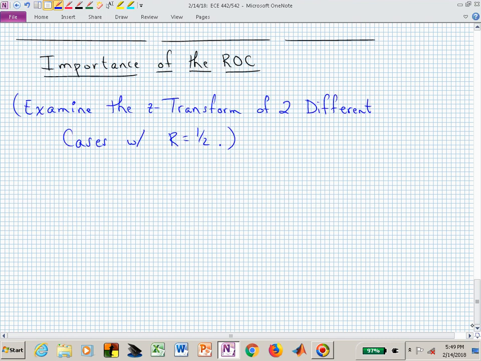Here's the first case. So let me say this is now case 1. Let me say here that x sub 1 of n is 1/2 to the n for n negative.